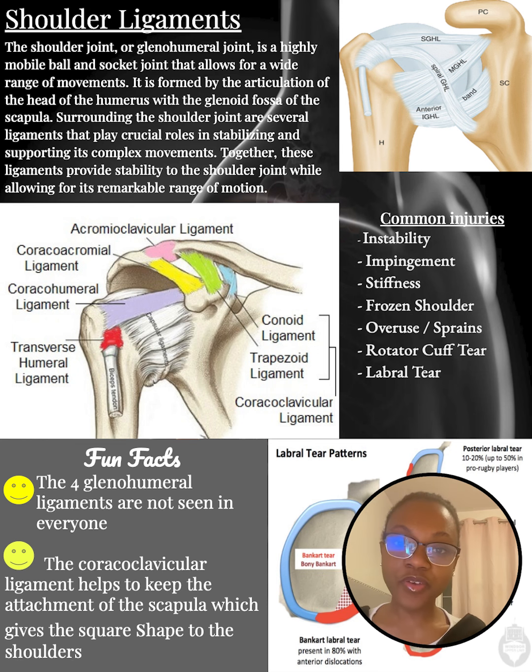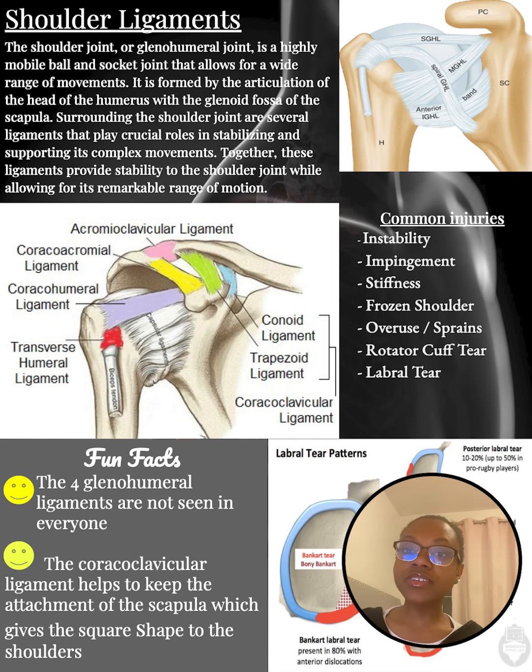So here are some fun facts about the shoulder ligaments. So fun fact number 1 is that the 4 glenohumeral ligaments are not seen in everyone. So starting from the superior glenohumeral ligament, it is only present in 98% of the population. The inferior glenohumeral ligament is only present in 94% of the population.